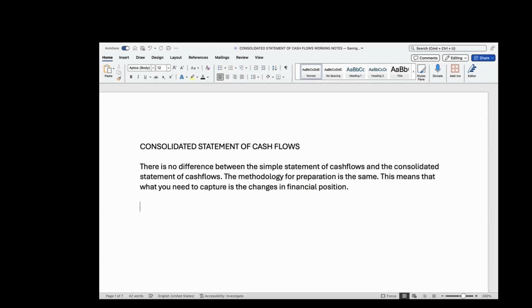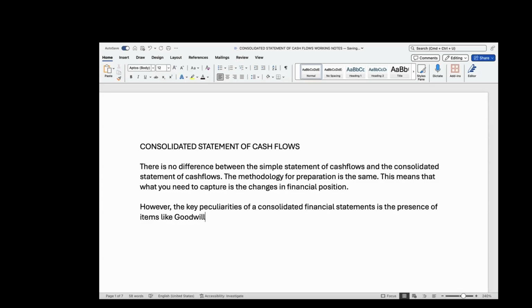However, the key peculiarities of a consolidated financial statement is the presence of items like goodwill.